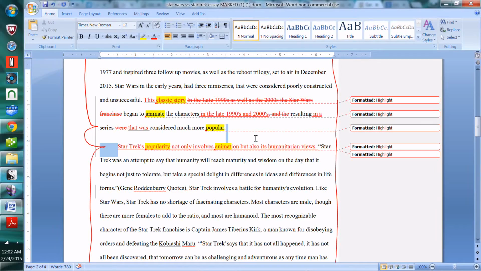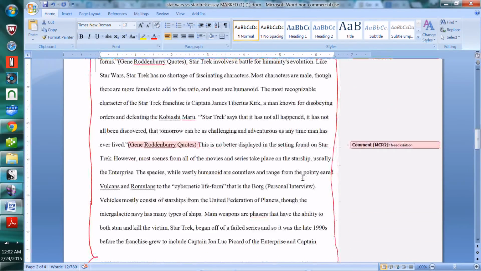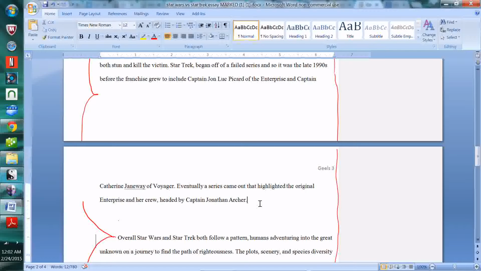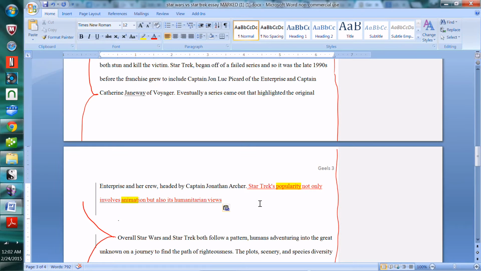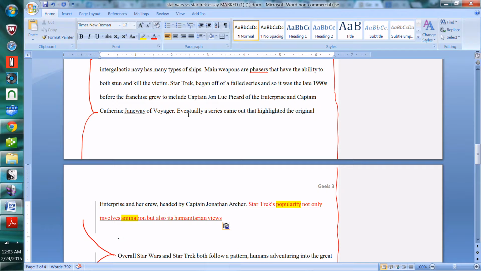So now we have this sentence, and I'm going to copy and paste it so I can put it at the end because the paragraph's long. And we want to relate it down here. Eventually a series came out that highlighted the original Enterprise and her crew, headed by Captain Jonathan Archer. And we want to talk about its popularity, animation, and humanitarian views somewhere in here.